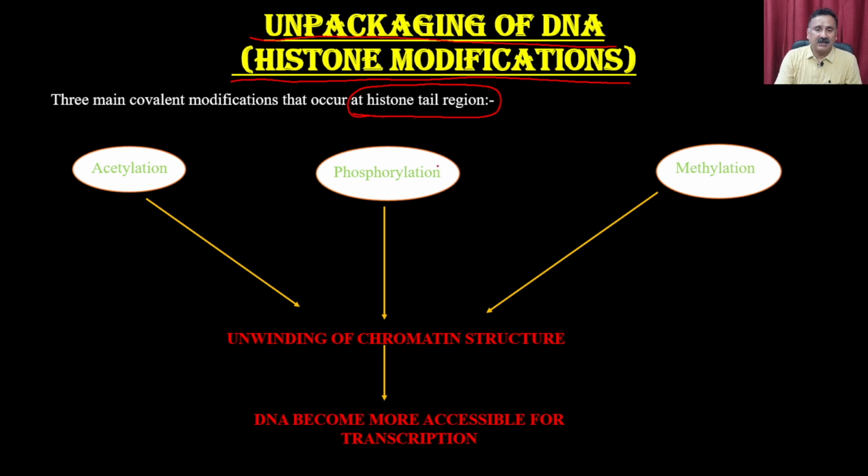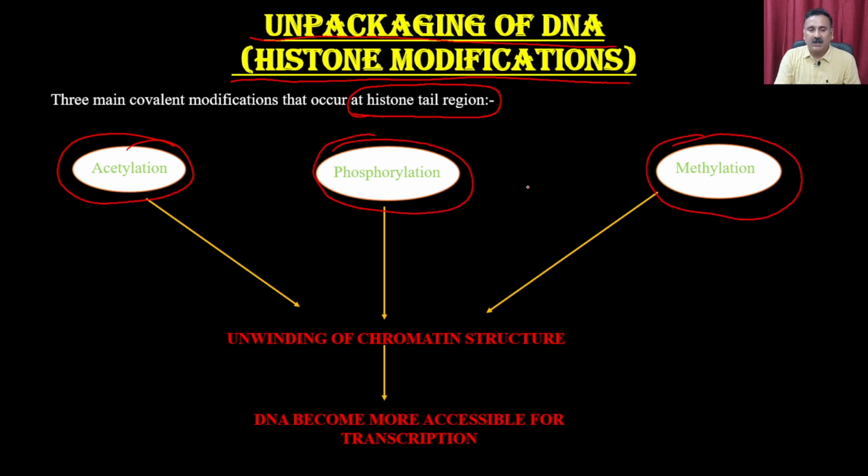This tail region has the modification sites for acetylation, phosphorylation and methylation. Now when you have acetylation, you are going to produce a negative charge. When you have phosphorylation, you are going to induce a negative charge, and when you have methylation, that also is going to modulate the surface property of that particular protein.